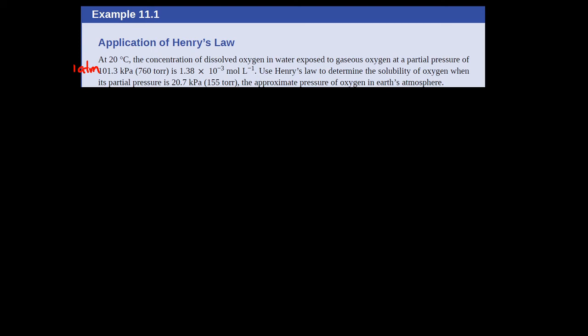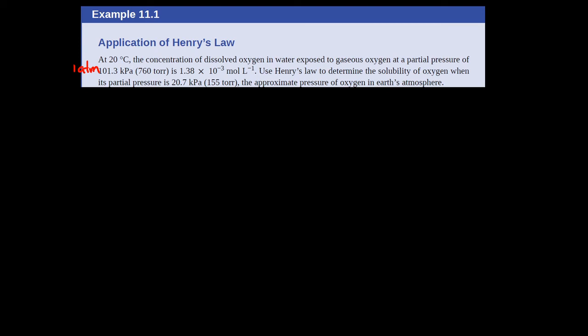So that would be the solubility. Use Henry's law to determine the solubility of oxygen when its partial pressure is 20.7 kilopascals, which is 155 torr, the approximate pressure of oxygen in Earth's atmosphere.